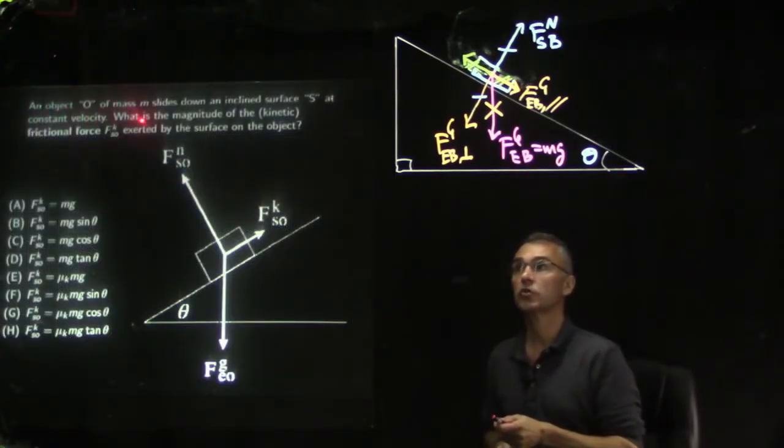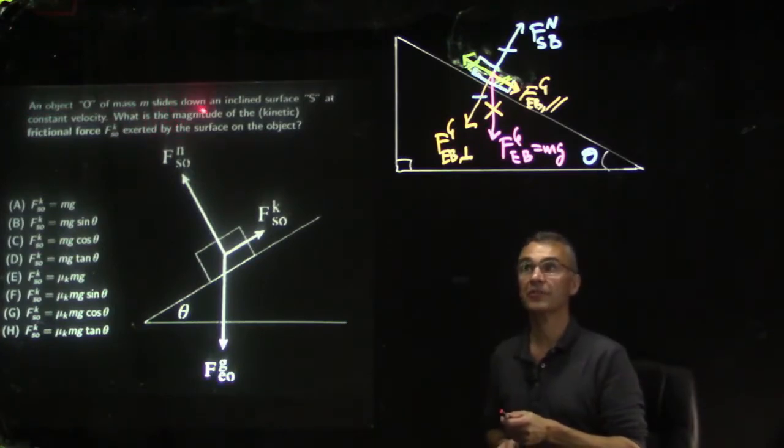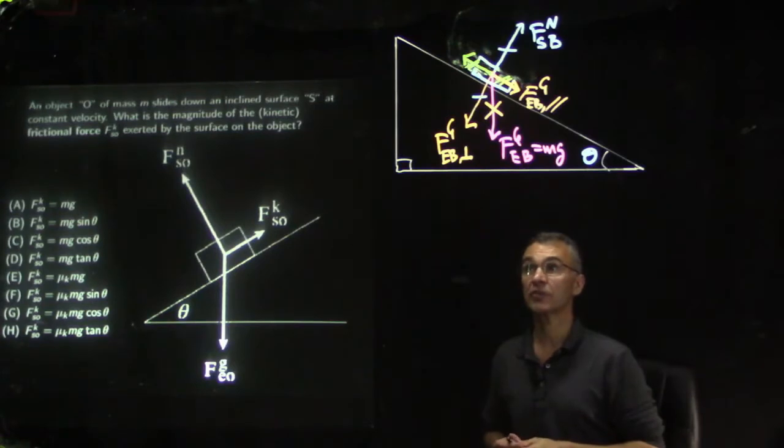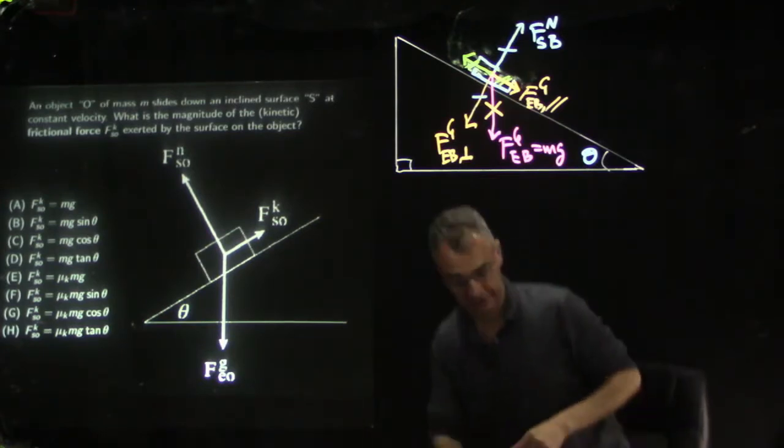An object O of mass m slides down an inclined surface S at constant velocity. What is the magnitude of the kinetic frictional force, F kinetic, exerted by the surface on the object? So now we have to start to quantify things.